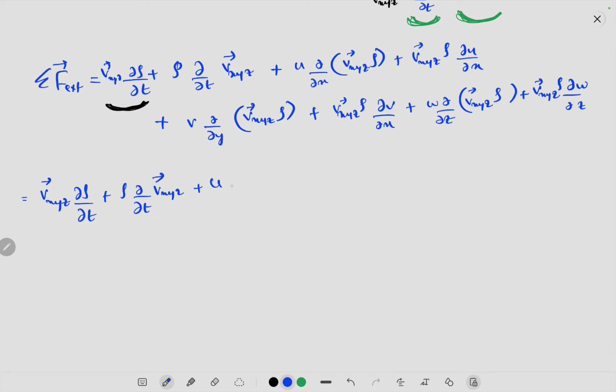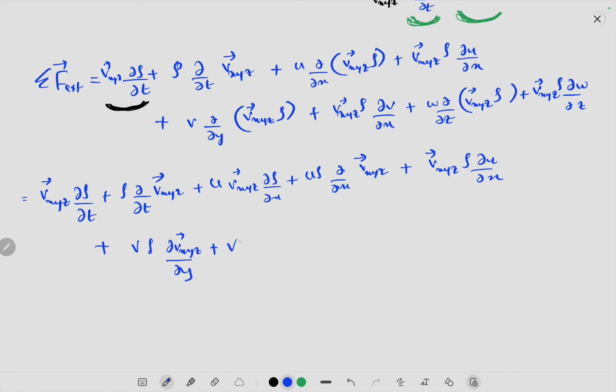This will be plus u vxyz del rho by del x plus u rho del by del x vxyz plus vxyz rho del u by del x plus v, what is this term? This is rho del vxyz by del y plus v vxyz del rho by del y plus, what is this term? This cannot be simplified further, so this will remain as it is.